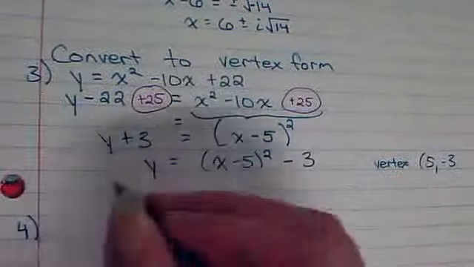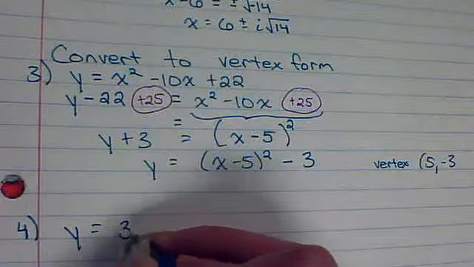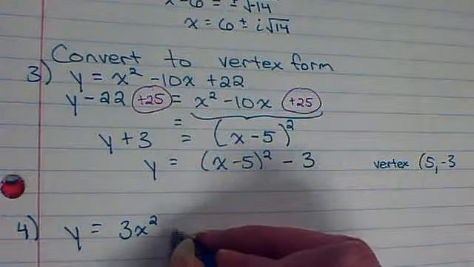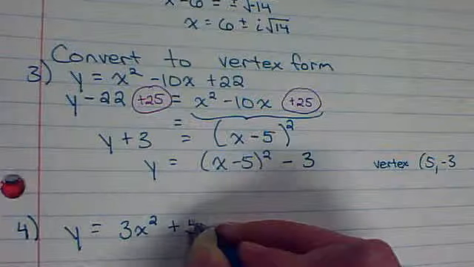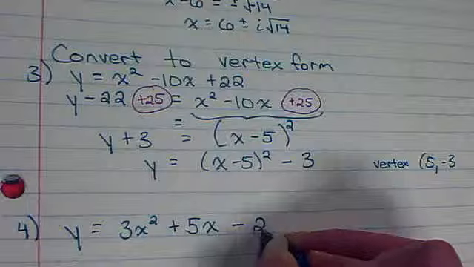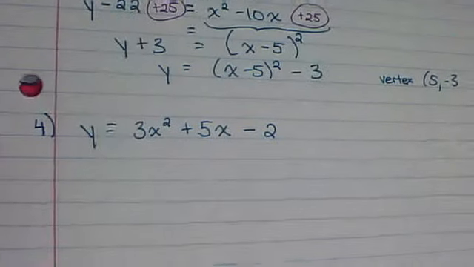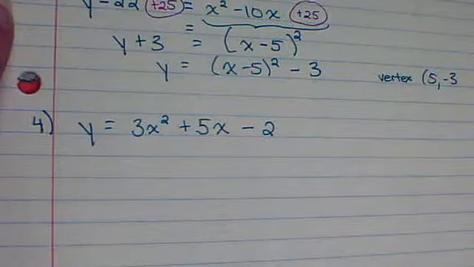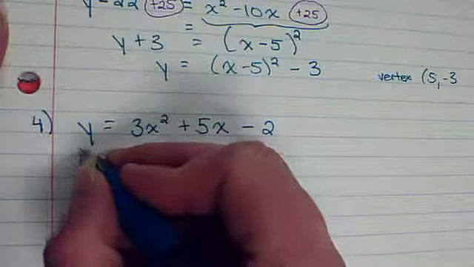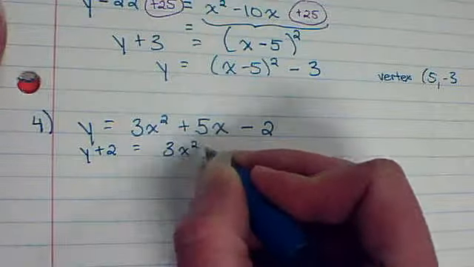Let's say I have y equals 3x squared plus 5x minus 2. All right, I'm just going crazy with this one now. This is probably one of the hardest ones. Now I could go ahead and start off by adding the 2 if we wanted to. Y plus 2 equals 3x squared plus 5x.